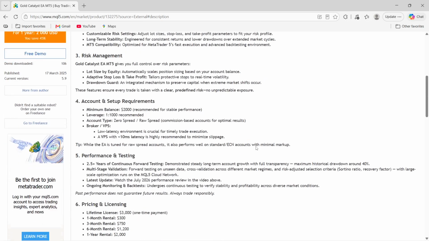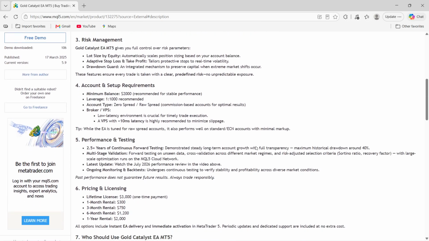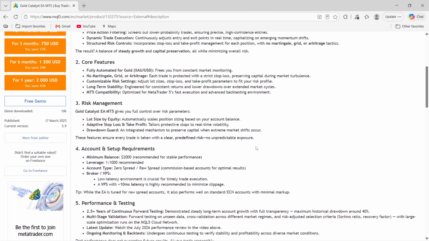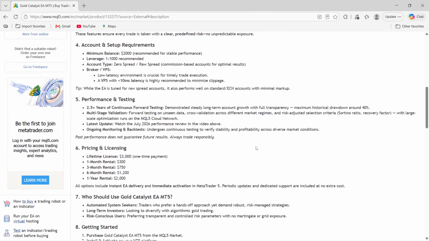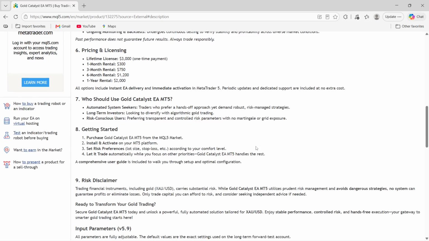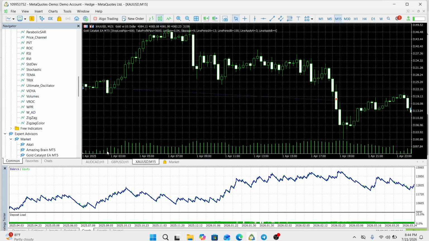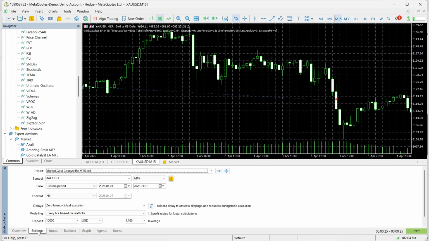Right. So we've seen the developer's claims and the strategy it uses, how it trades. So now let's go over to my personal backtest. I was opportune to carry out backtests for this EA using the recommended pair, the XAUUSD gold pair on the 15-minute time frame.